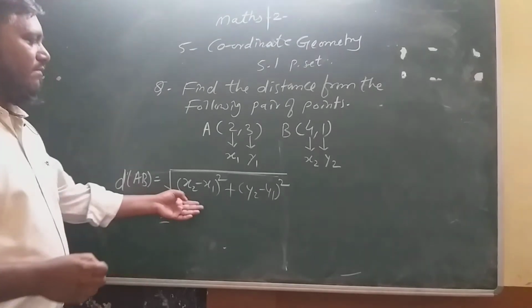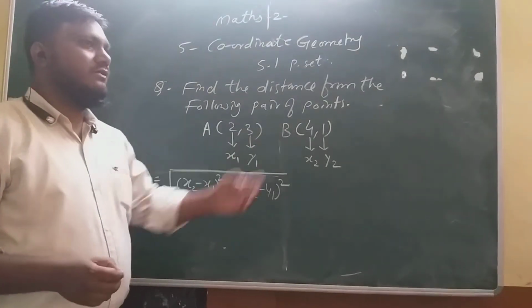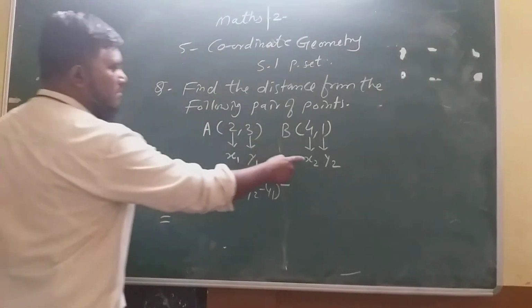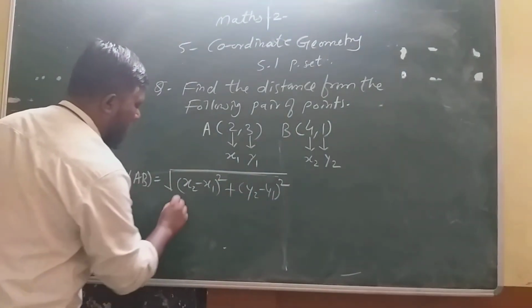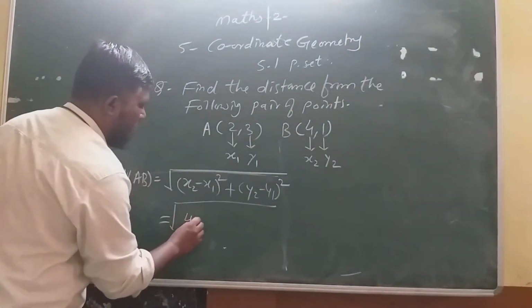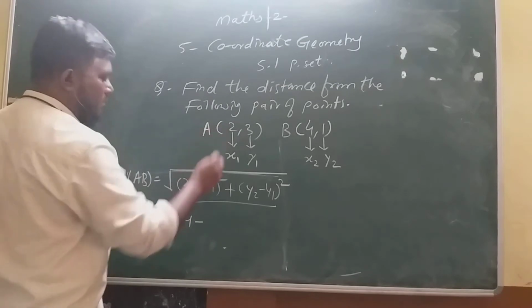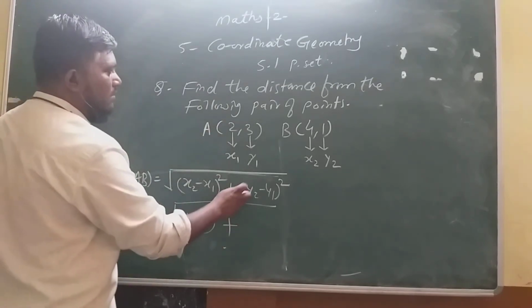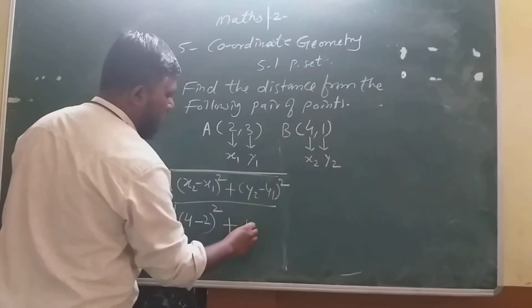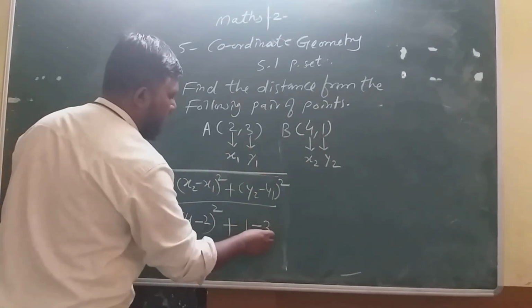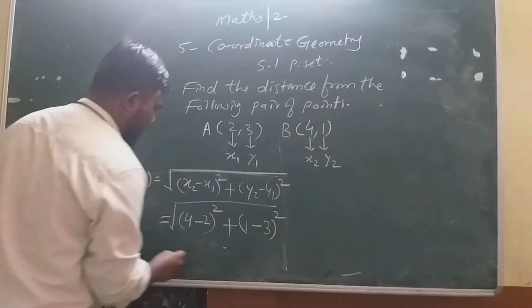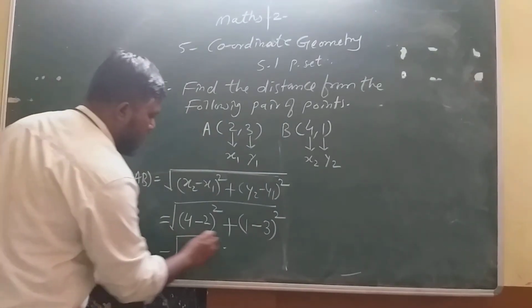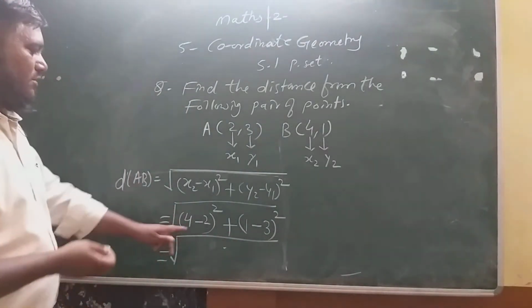Now in this formula we have to substitute these values. Now x2 means what? 4, under root 4 minus x1 is what? 2 square plus y2 is what? 1 minus 3 square.